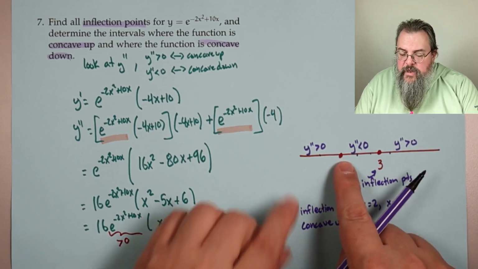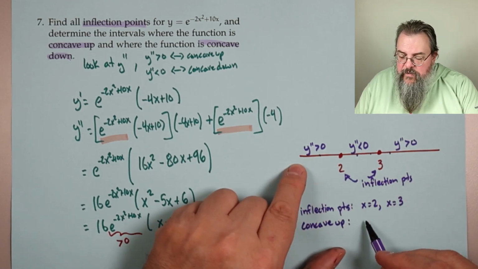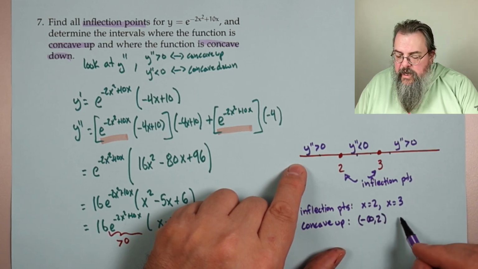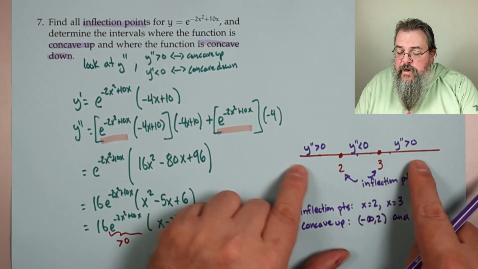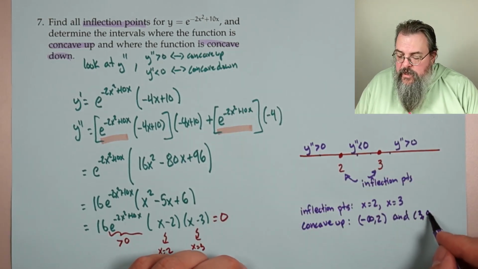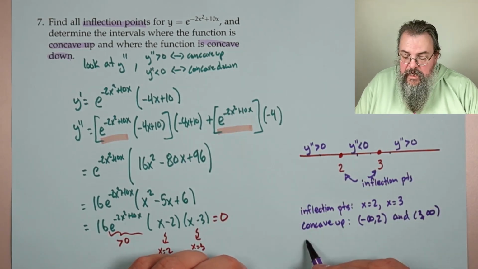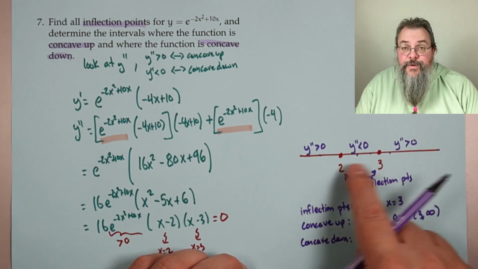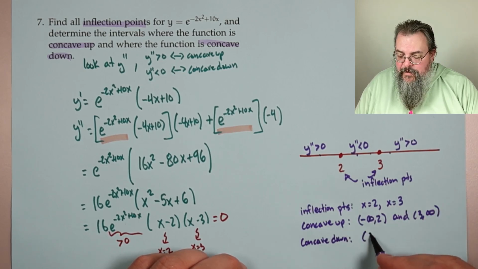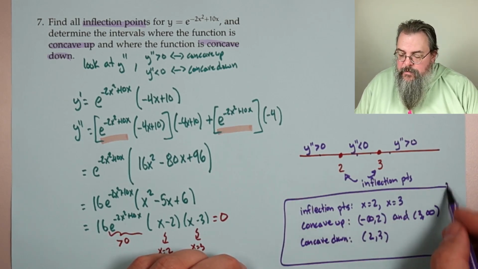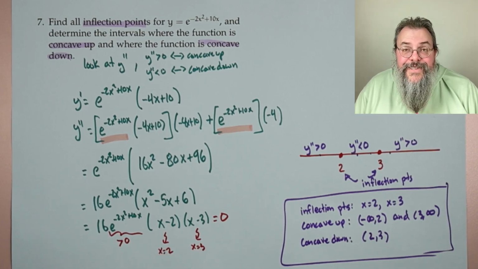Well, below 2, so that's from negative infinity up to 2, and above 3, so from 3 up to infinity. And where are we concave down? Well, between 2 and 3. And there we go. That's the answer.